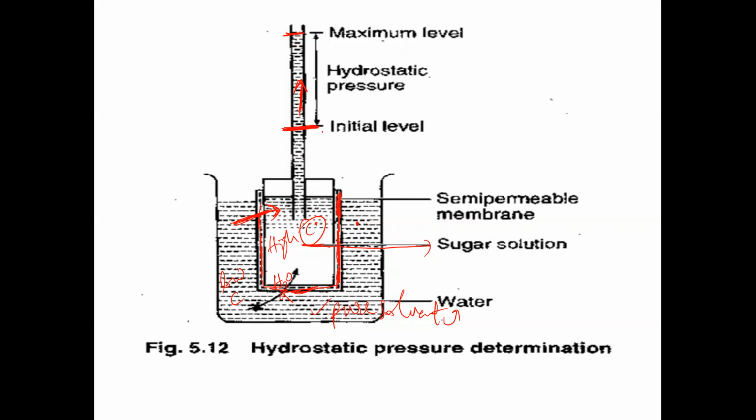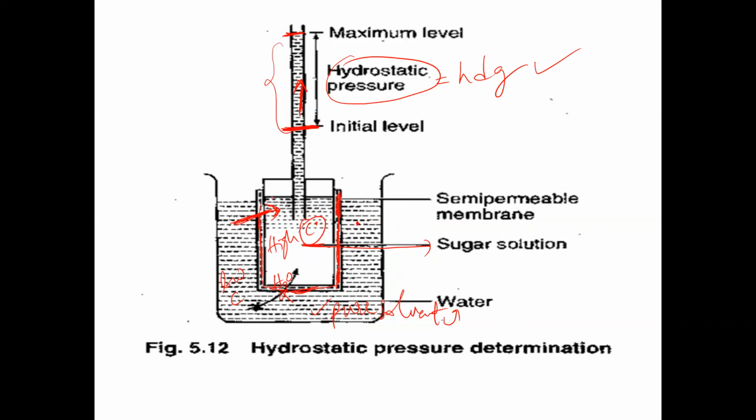Now the difference between the initial level and the maximum final level gives the hydrostatic pressure, which is equal to hdg. In this way, we can determine the hydrostatic pressure, which is developed due to the osmosis process.